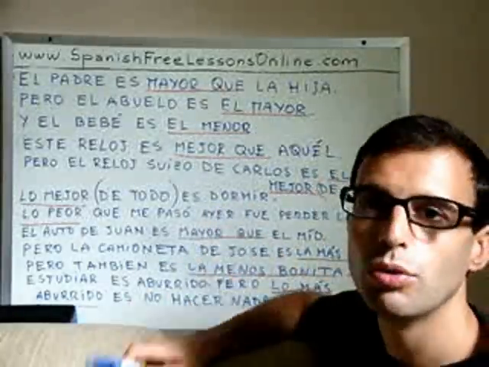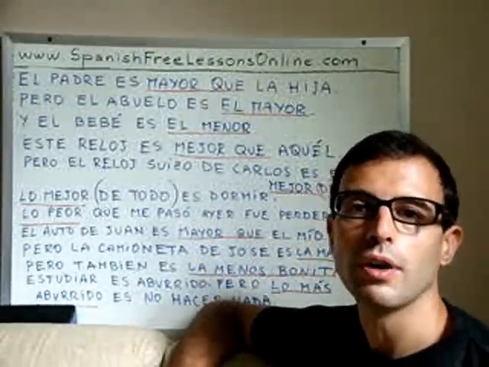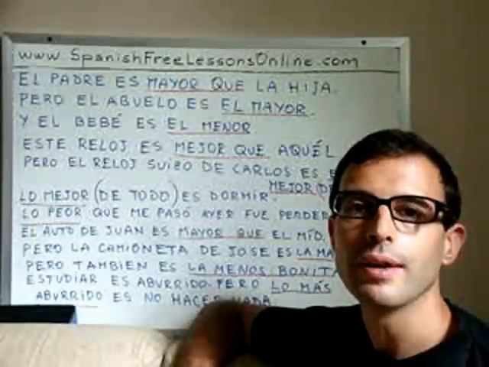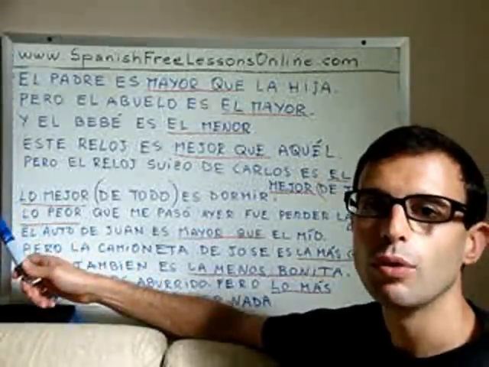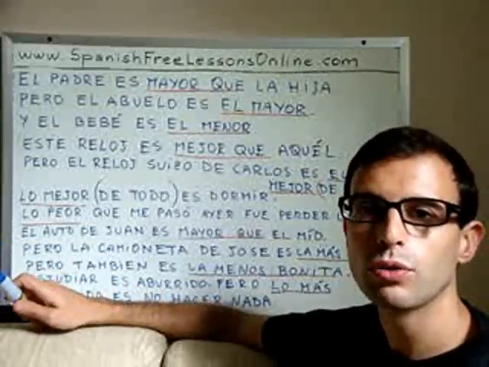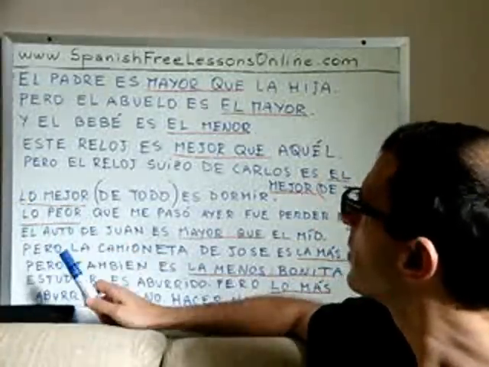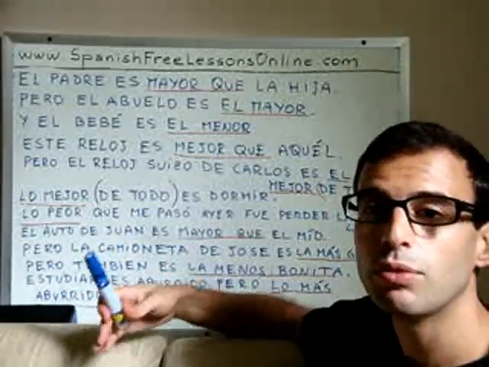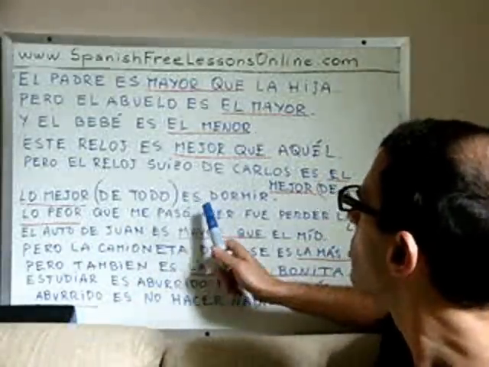Dormir. Okay? Two smooth R's. Dormir. So, lo mejor es dormir, or lo mejor de todo es dormir. The best thing to do, or the best of all, is to sleep.